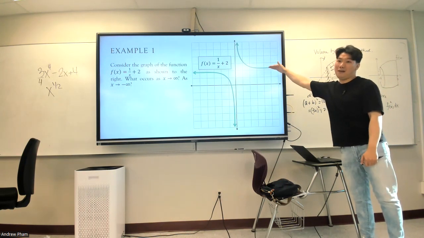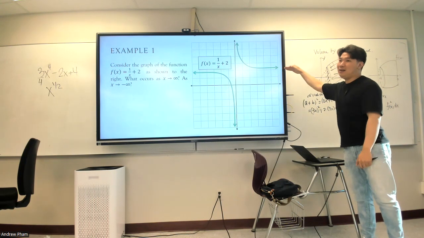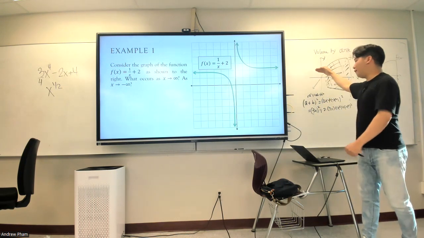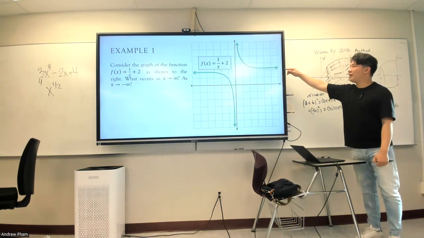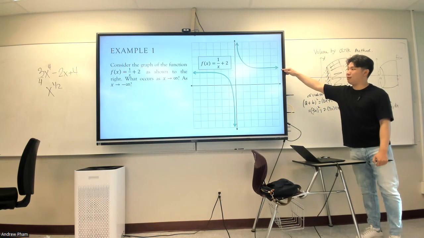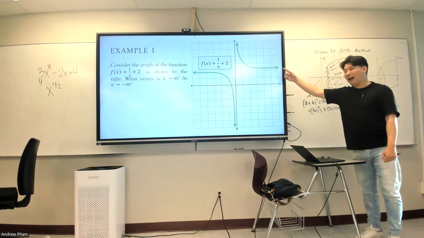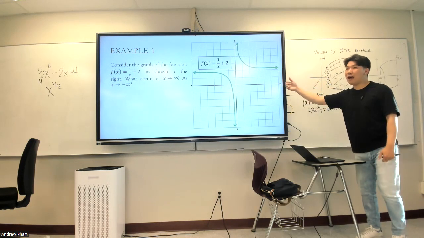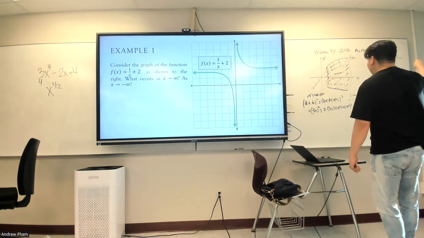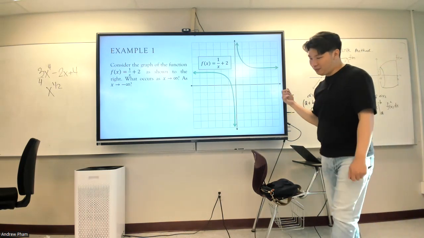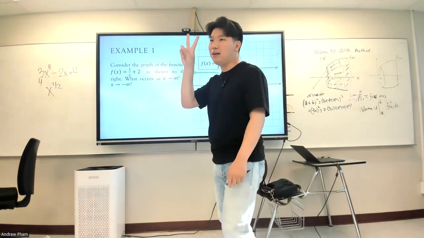You can imagine that there's an imaginary line here. This is going to keep on going forever and ever, but it's going to keep on getting closer and closer to what y value am I at right here? 2. So you can imagine as x goes to infinity, or in other words, as I keep on going to the right, the y value that I'm approaching is 2.